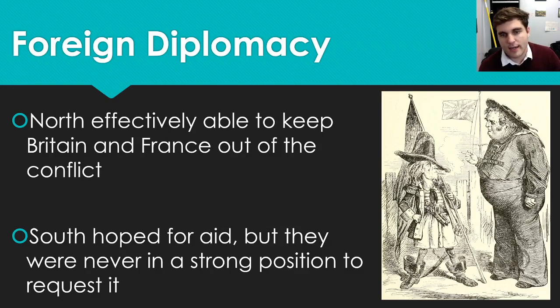So even though Britain is trying to support the South in some ways, the North is basically keeping this a very localized military conflict. If you would have had the military might of Britain brought in, it might have been different, but the North was effective in keeping Great Britain out of the war.